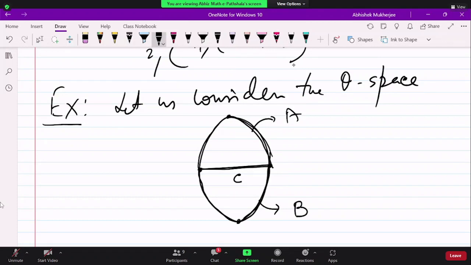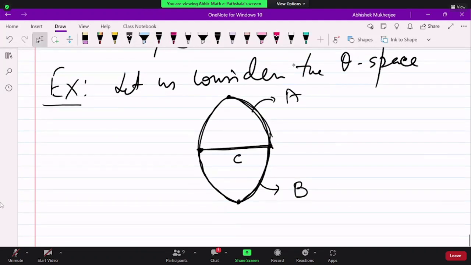That means that in each case, each pair of arcs will intersect precisely at the endpoints. So it is a graph of 4 vertices and 6 edges, right? Oh, I'm sorry.